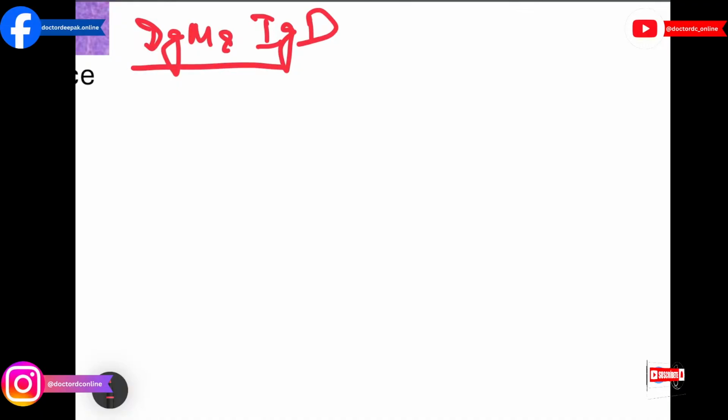For example, basically the B cells will be releasing IgM and IgD. How will they be switched?